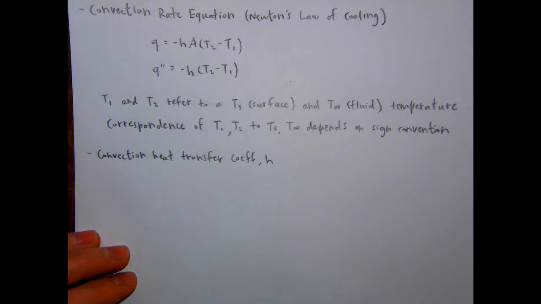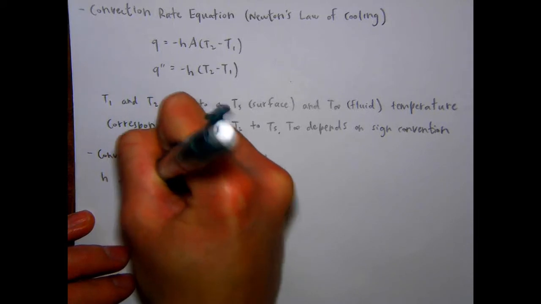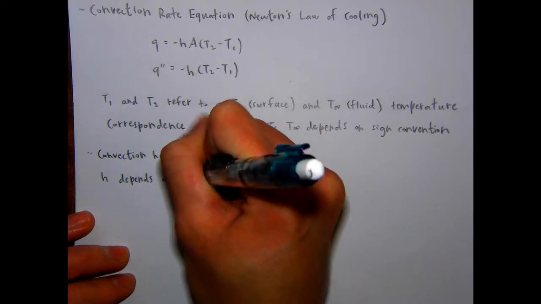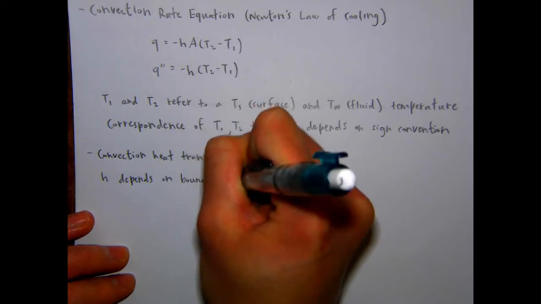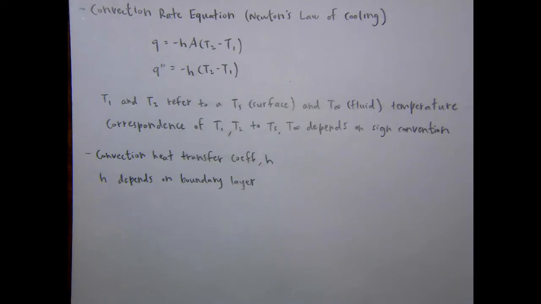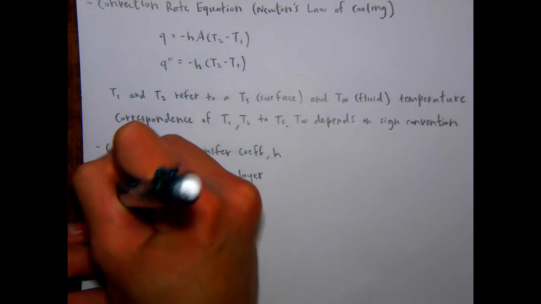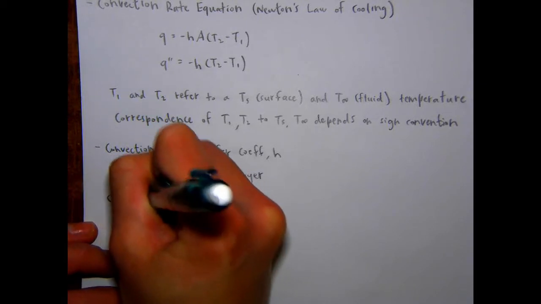So let's say H depends on what's going on in the boundary layer, which is determined by the shape geometry and the surface finish and everything like that, the nature of the fluid motion. And the primary study of convection is typically focused on determining H for different situations.